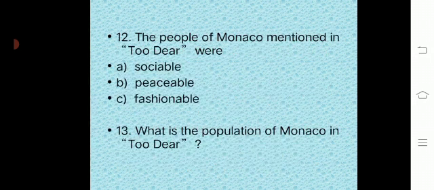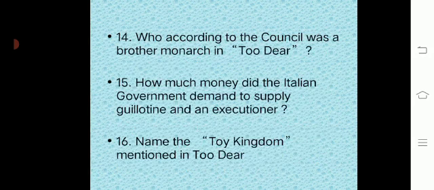Then, question number 13. What is the population of Monaco in Two Dear? Then, question number 14. Who, according to the council, was a brother monarch in Two Dear? Question number 15. How much money did the Italian government demand to supply guillotine and an executioner?